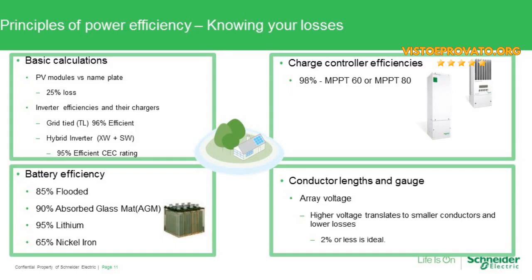So with basic calculations, with panels, you don't always get what you paid for or what you see on that little sticker on the back of the panel. In this example, we're showing about a 25% loss, and I've been doing this for about 5 years, and that's a very fair number on average for people from San Diego, Texas, through the Southeast, up through Maine, Vermont, even the Midwest, and especially here in Washington State.